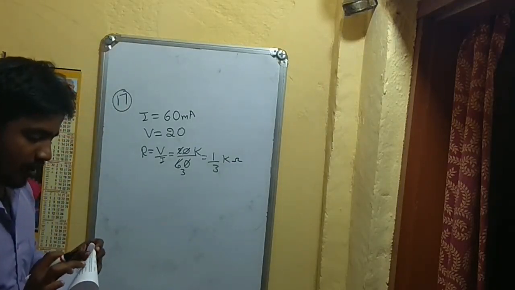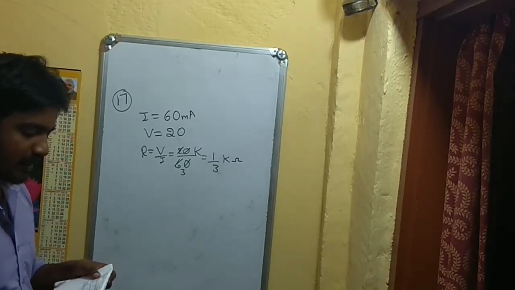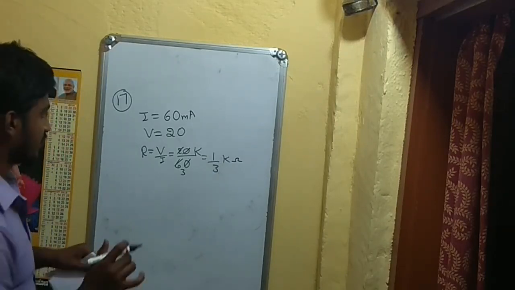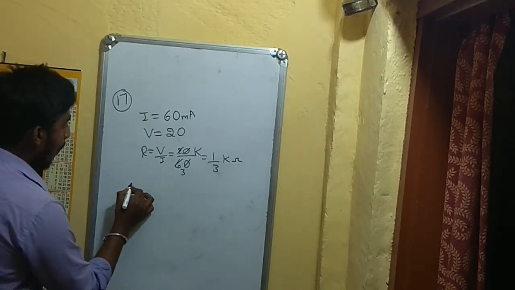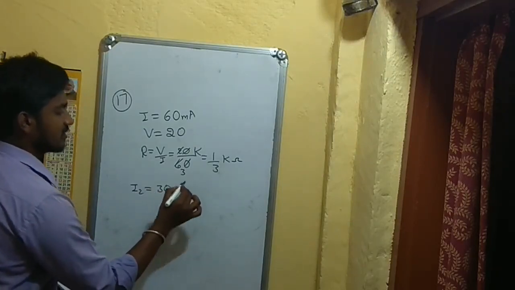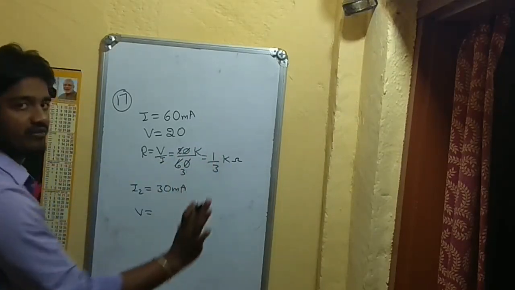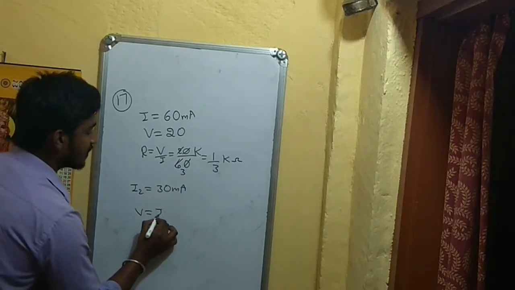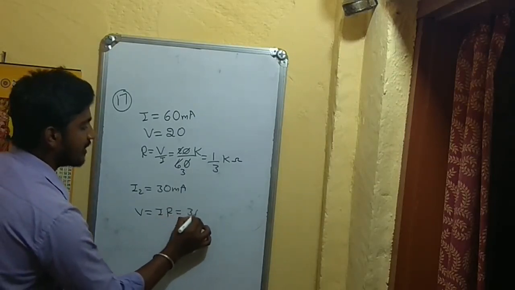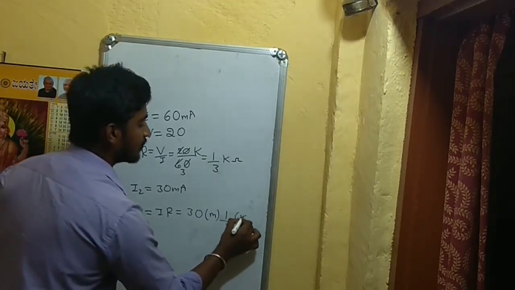Current has to be dropped to 30 milliamperes after some time. How much voltage has to be changed? I2 is equal to 30 milliamps. The circuit resistance will not vary. V is equal to I into R. I will be 30 milli into 1 by 3 into kilo.